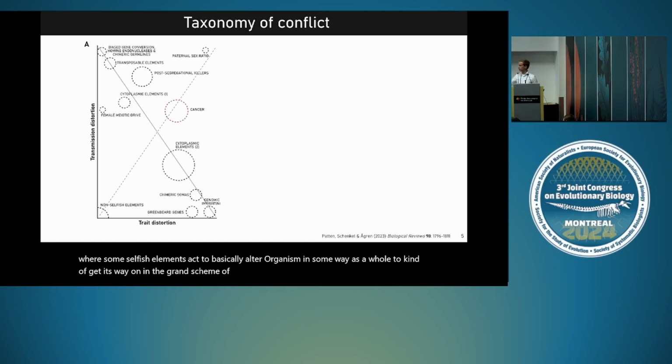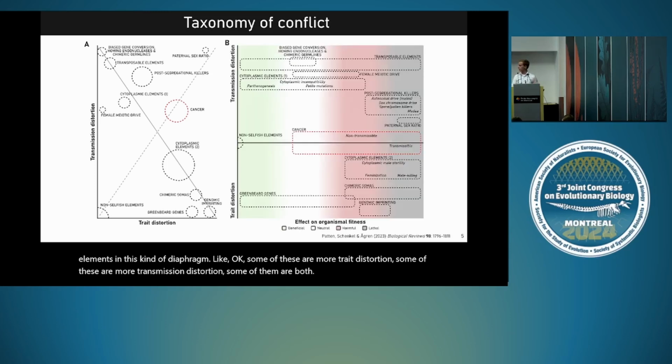And we can put all sorts of selfish elements in this kind of diagram: some of these are more trait distortion-y, some more transmission distortion-y, some both. And we can also think about how badly they affect the organism as a whole, so their impact on organismal fitness or the capacity of the organism to function as an evolutionary agent, and make some guesswork, some verbal arguments, and say these are not so bad and these are completely terrible.